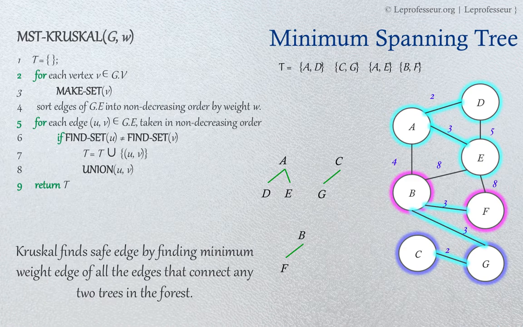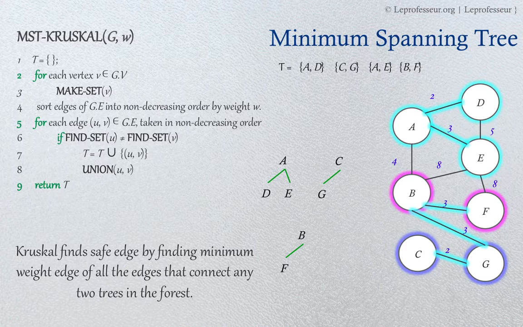Next is B and G. Same thing, the edge between B and G, and let's say B belongs to some tree and G belongs to a different tree. So G is with the C, B is with the F, two different trees.